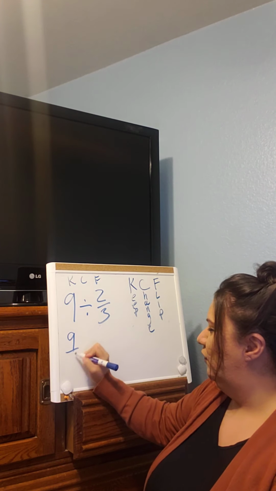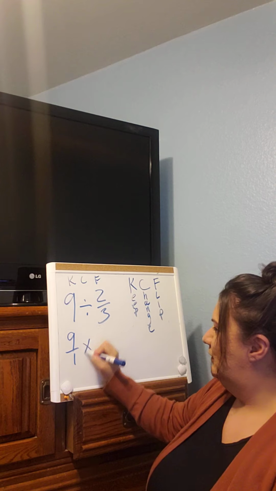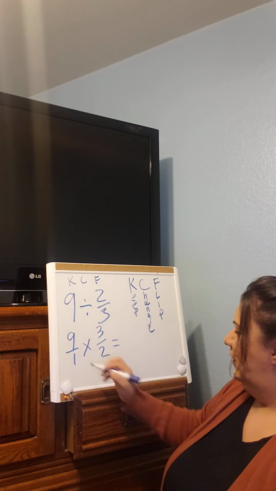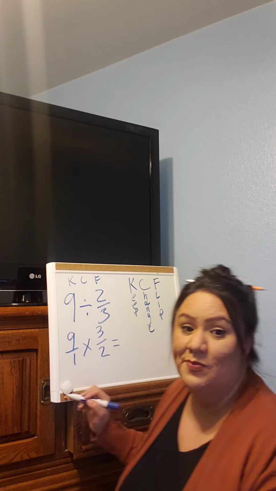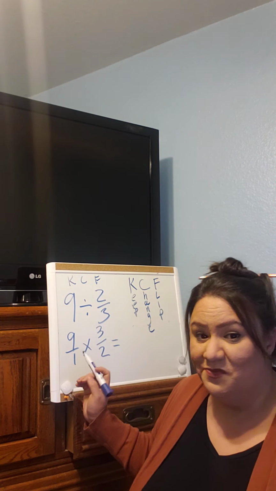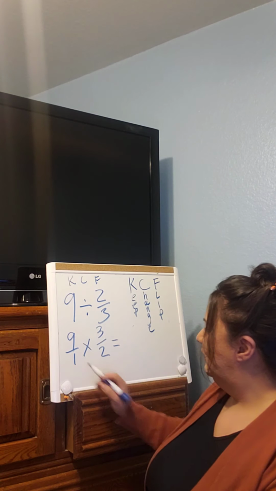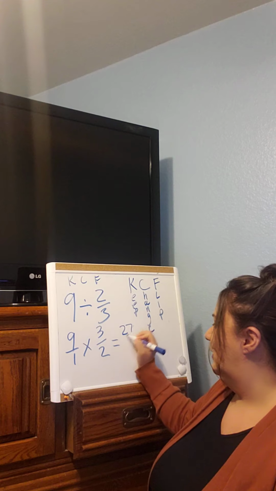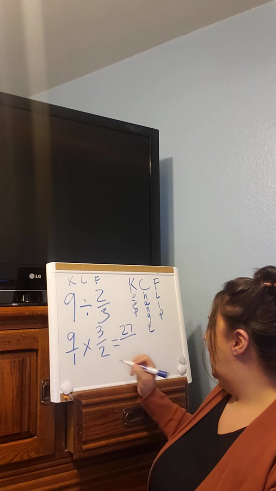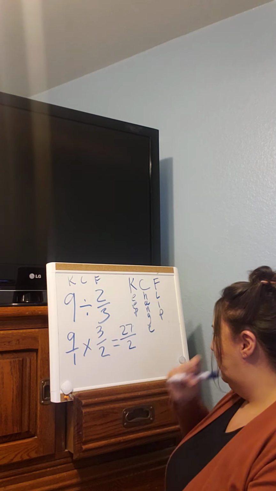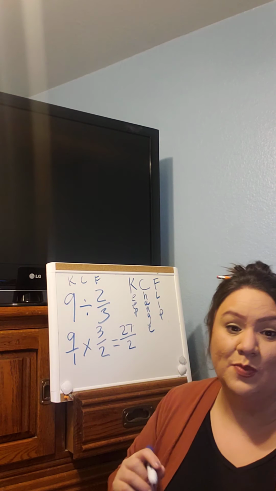So 9/1 times 3/2. Can we reduce 1 and 3? No, we cannot. Can we reduce 2 and 9? No, we cannot. So we're simply going to just multiply across. 9 times 3 is 27, and 2 times 1 is 2. Now we have 27/2.